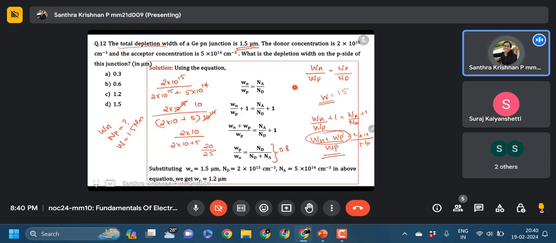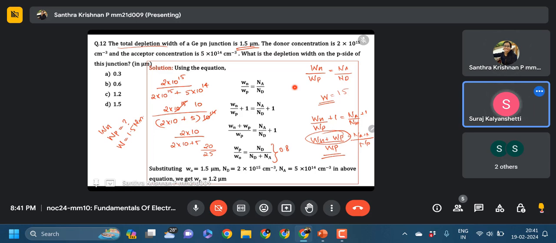So 20 divided by 25 is 0.8. You should get the same answer. Your method is correct. When you cancel the 10 to the power 14 and 10 to the power 15, you have 20 on top, and here you again have 2 into 10 and the 5.